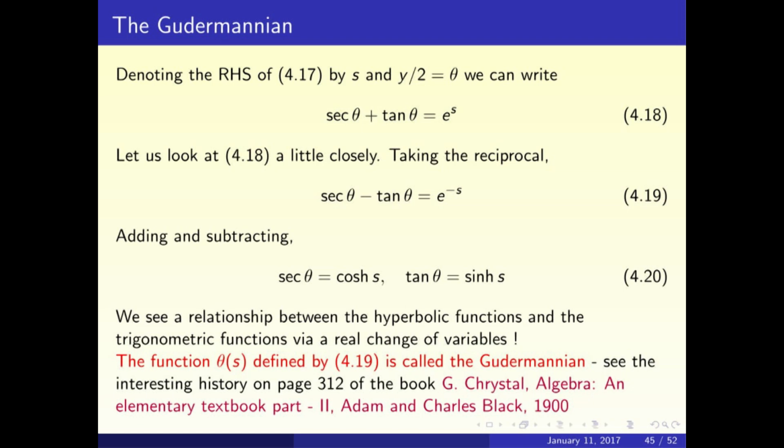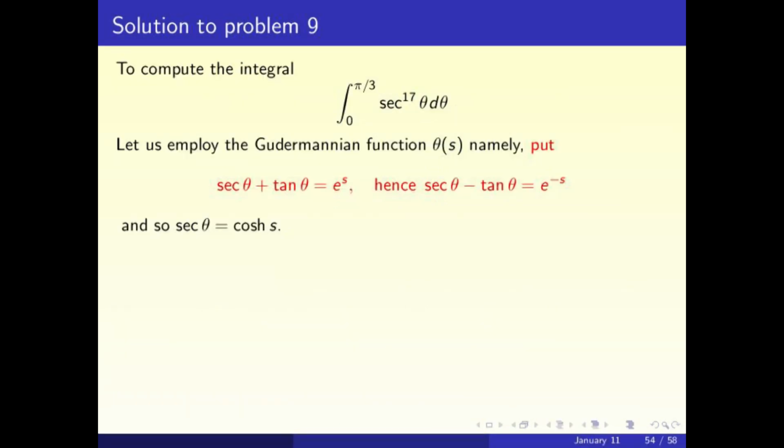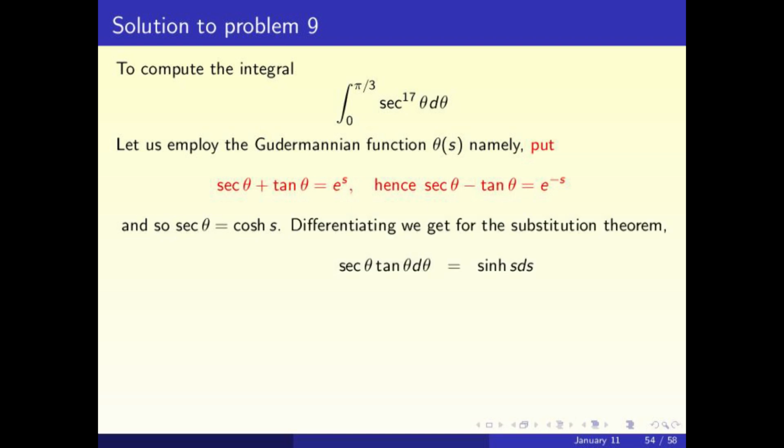Put secant theta plus tan theta equal to e to the power s. So what do you get? You get secant theta equal to hyperbolic cosine s. So differentiate. Secant theta tan theta d theta will be equal to hyperbolic sine s times ds.